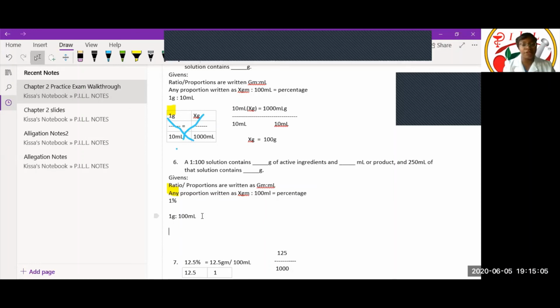We'll set up the same ratio proportion equation. 1 gram per an unknown value of grams. We are given 1 gram per 100, and we need to solve for an unknown value of grams per 250 milliliters.